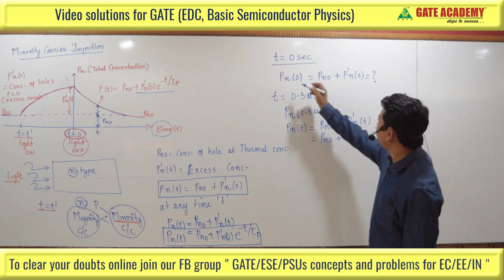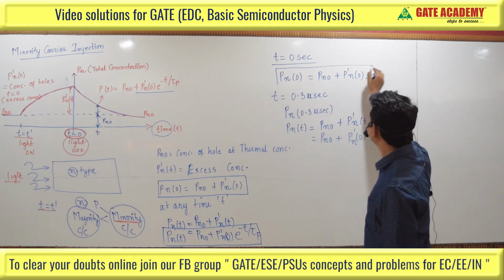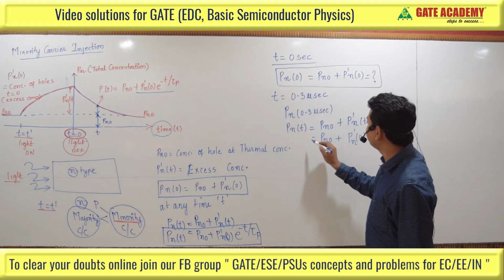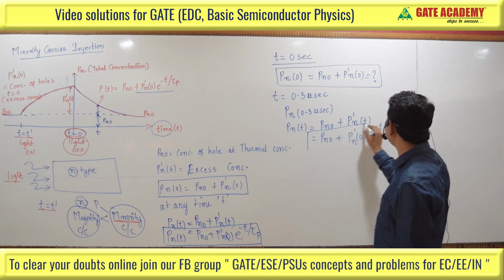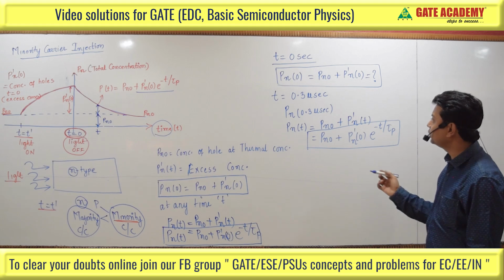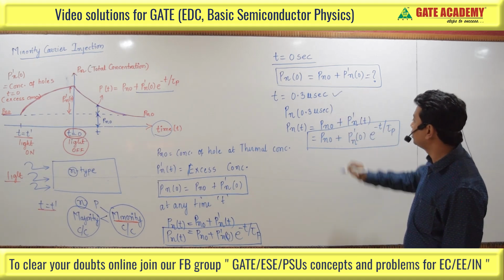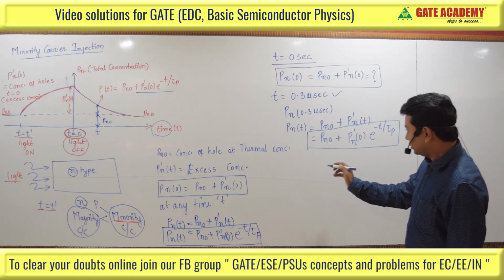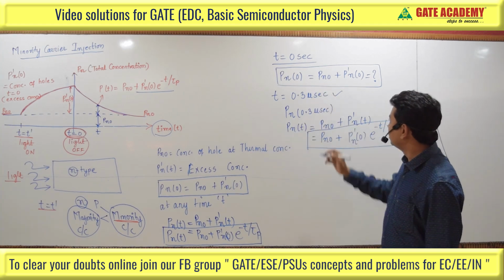So these two are the formulas, the first formula and the second formula, by which we can find the concentration of holes at time t equal to 0 and time t equal to 0.3 microsecond. Now first of all find out this one.